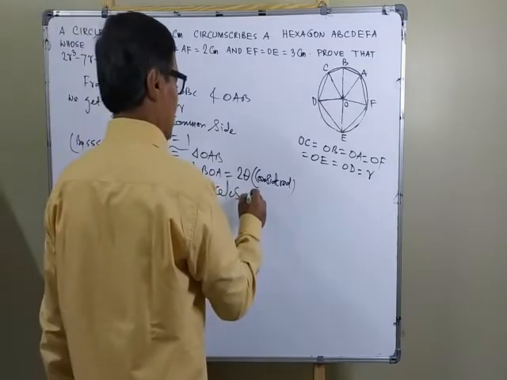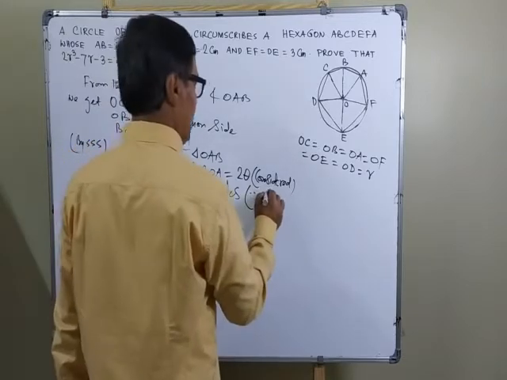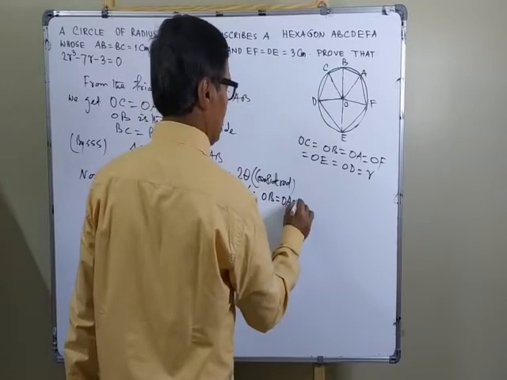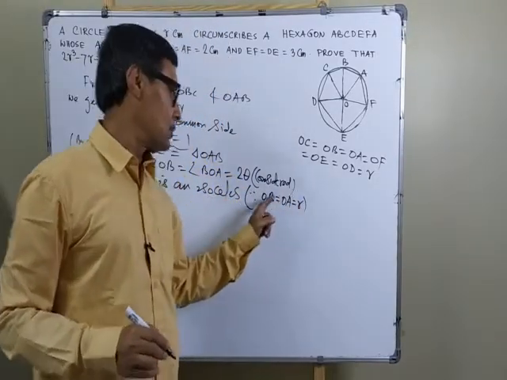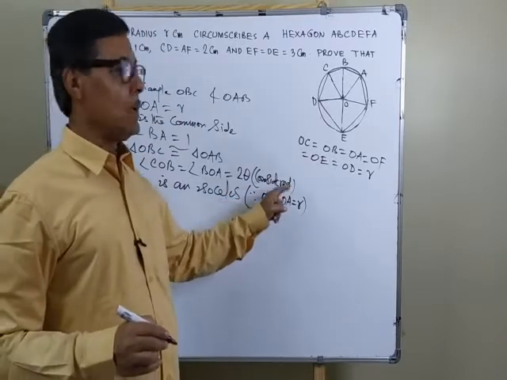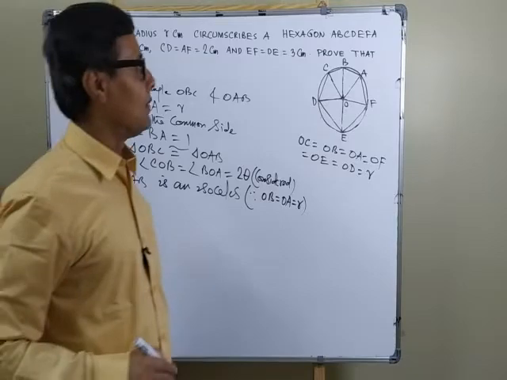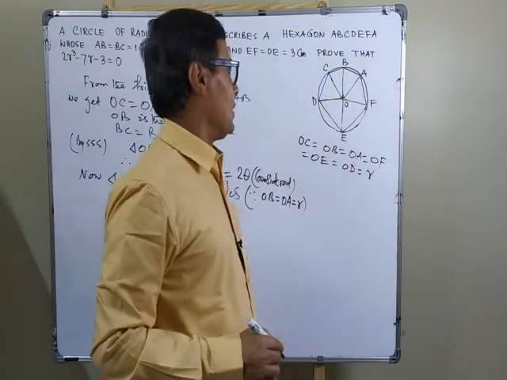Because OB is equal to OA equal to r, that is, two sides OB and OA are equal, this triangle is called an isosceles triangle. So obviously these two angles are equal.